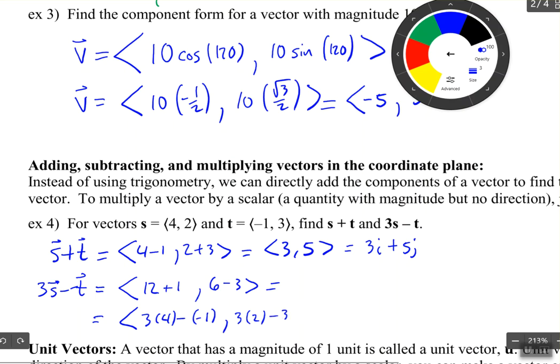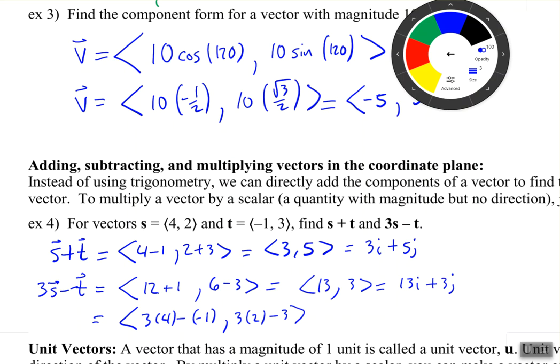Is that what they're telling me to do with 3s minus t? That gets me to 12 plus 1 is 13. 6 minus 3 is 3. And if I want to write that in the ij form, it's 13i plus 3j. Got it?